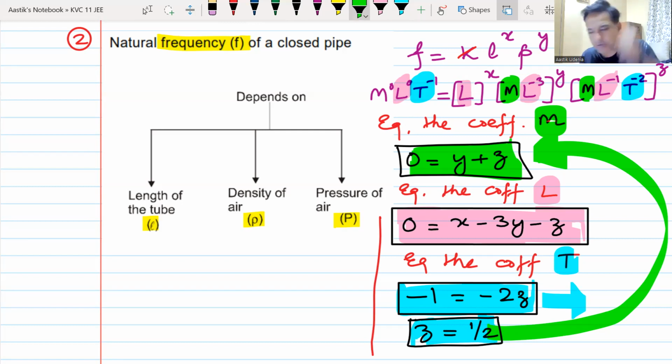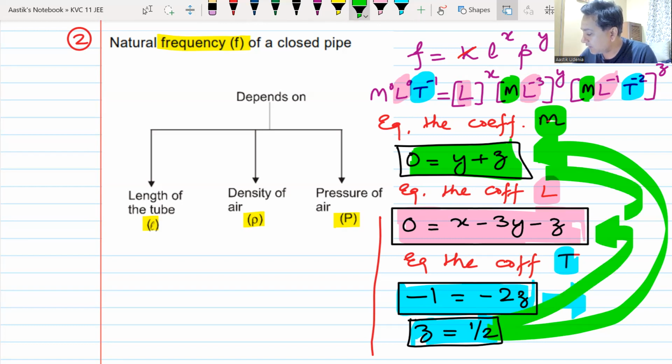Once you get the value of y and z, you can calculate the value of x from the third equation. So you put both these values in this equation. Can I have your final answers, please? I don't know x, so I will write x. I am depending on you to give me the value of x.